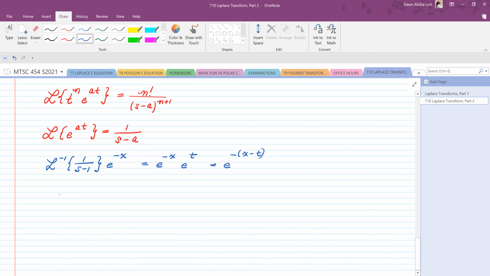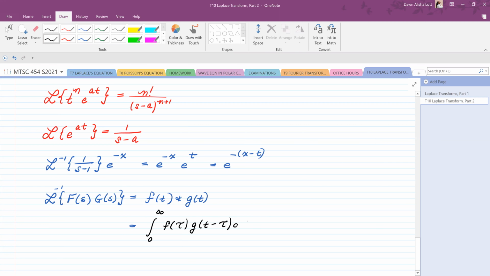The inverse Laplace transform of capital F of S times G of S is the convolution of f of t and g of t, which is the integral from 0 to infinity of f of tau g of t minus tau d tau.